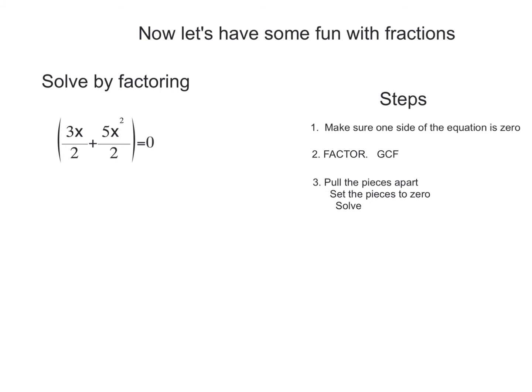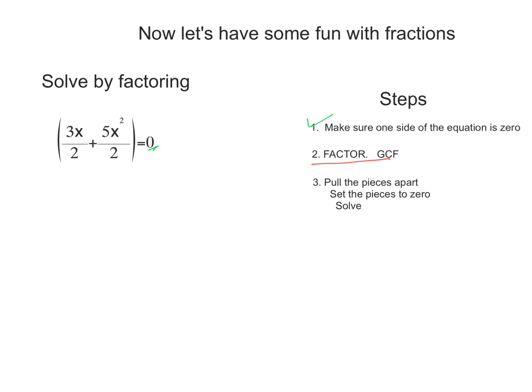All right, now again, let's really have some fun with this because you're going to like fractions. All right, make sure one side's 0. Done. Okay, factor using greatest common factor. Now, it's going to be kind of weird in this instance because, like I said in the beginning, greatest common factor is the biggest multiple they share that we can divide out.